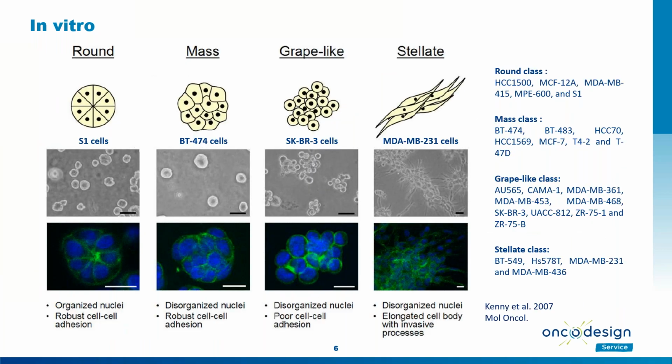One of the best examples is the ability of 3D systems to really match heterogeneity in clinical disease. Here is the example of breast cell lines that are grown in 3D, and all of them really behave differently based on the 3D microenvironment.